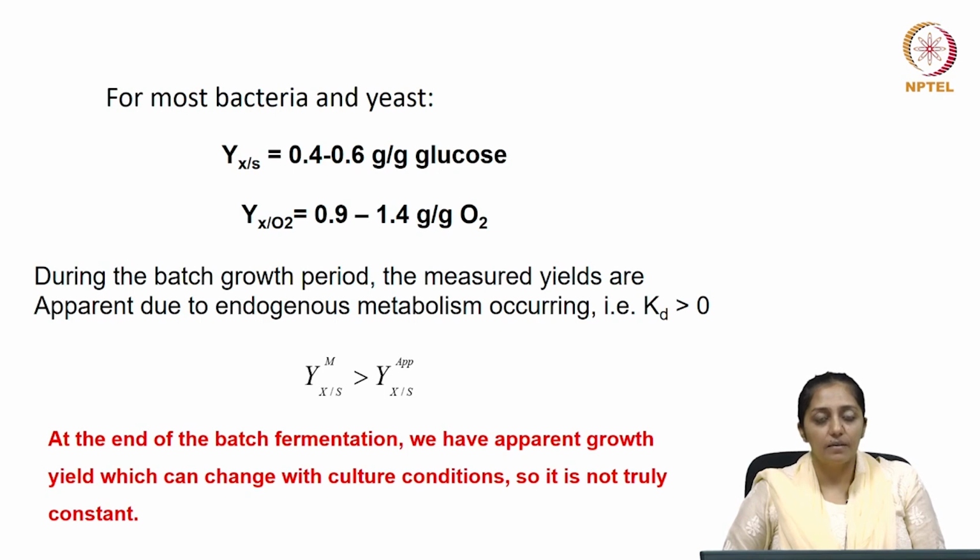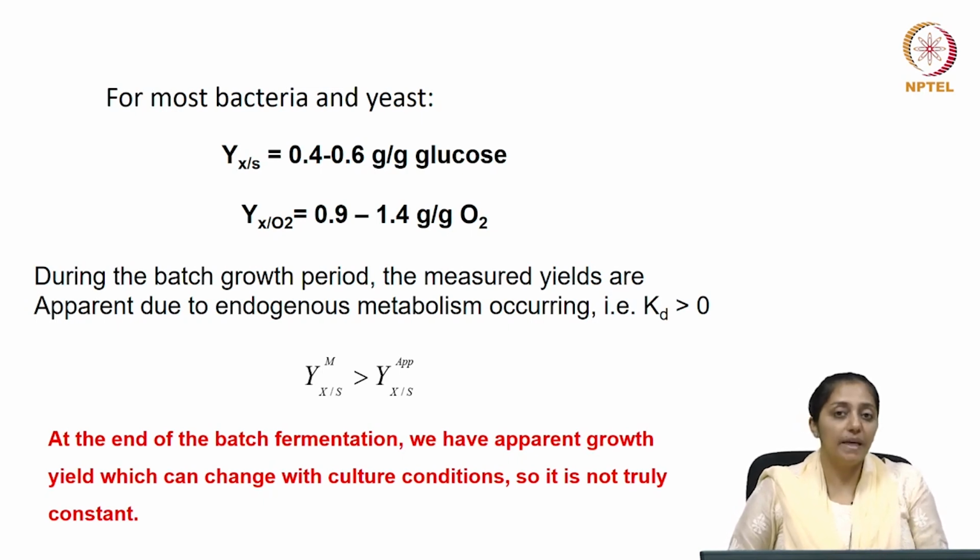And when the endogenous metabolism is high, the theoretical yield coefficient will be higher than the actual or experimentally measured yield coefficient, which is based on the amount of biomass produced per unit substrate consumed. So, at the end of batch fermentation, we have an apparent growth yield which can change with culture conditions. So, it is not truly a constant.